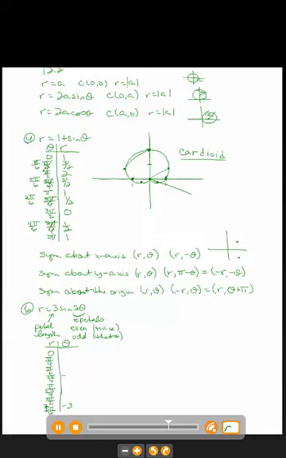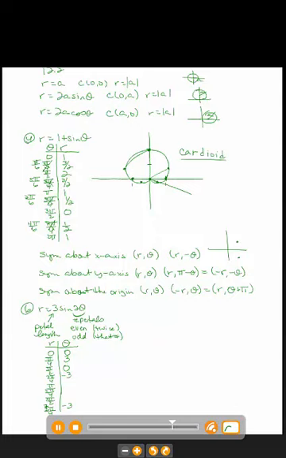So sticking in 0, sine of 2 times 0 is 0, times 3 is still 0. Pi over 4 times 2 is pi over 2. Sine of pi over 2 is 1, times 3 is 3. Put pi over 2 in there, times 2 is pi. Sine of pi is 0, times 3 is 0. 3 pi over 4 turns into 3 pi over 2. The sine of that is negative 1, so I get negative 3.